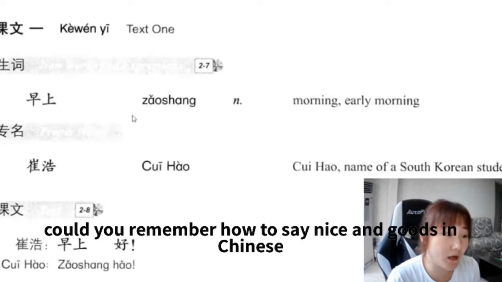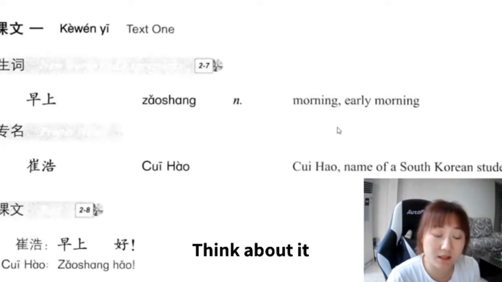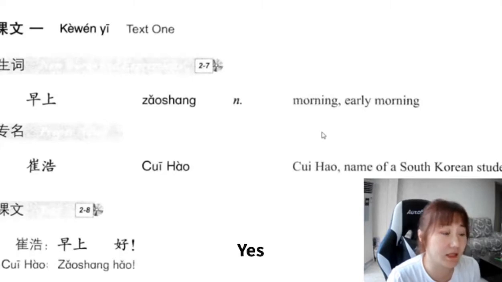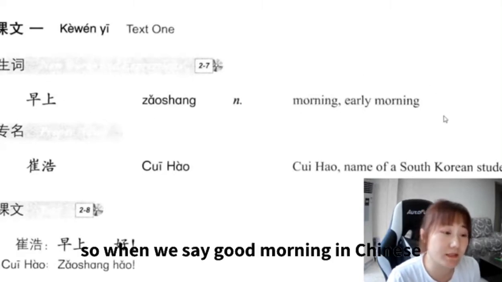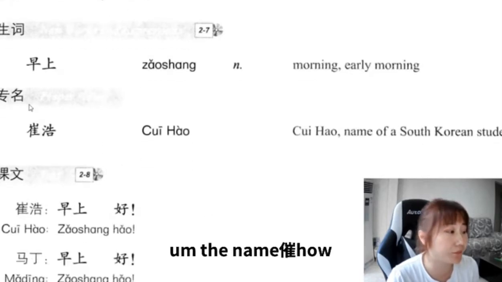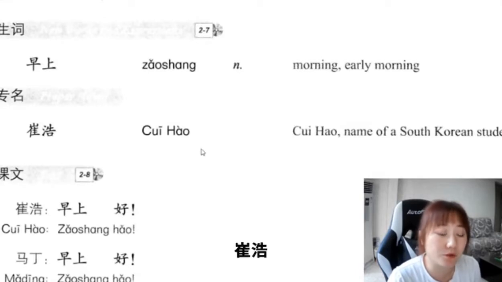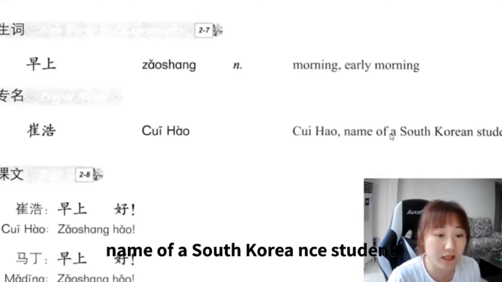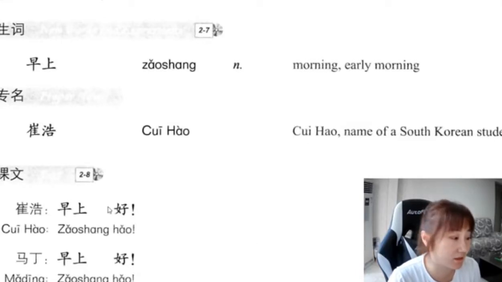Could you remember how to say nice and good in Chinese? Think about it. Yes, 好. So when we say good morning in Chinese, we can say 早上好. Okay, the second one, the name 崔浩, name of a South Korean student.